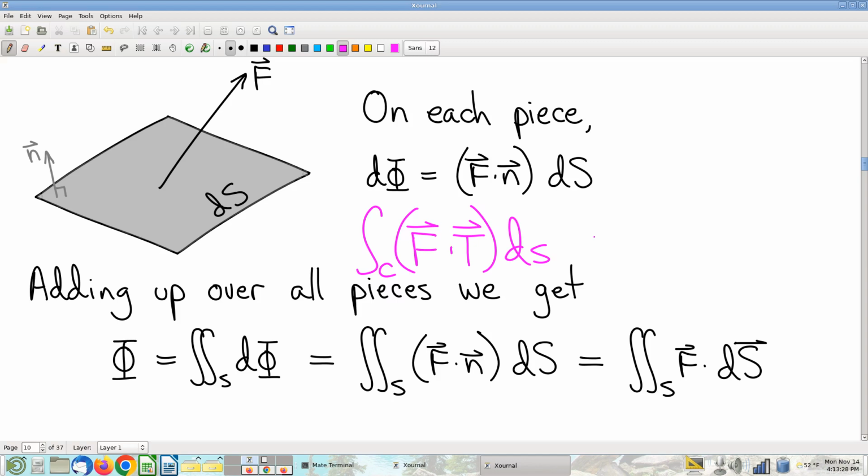But the other formula that we had for it was integral F dot dx. And this dx vector was actually the first way we wrote it down in the first place. Dx represents actual displacement along the curve. In other words, it's our vector differential.